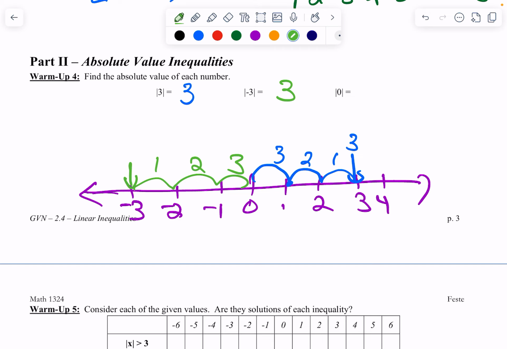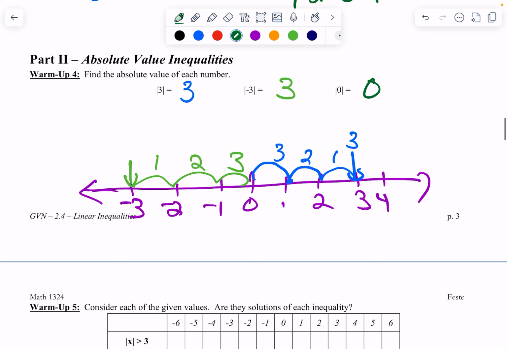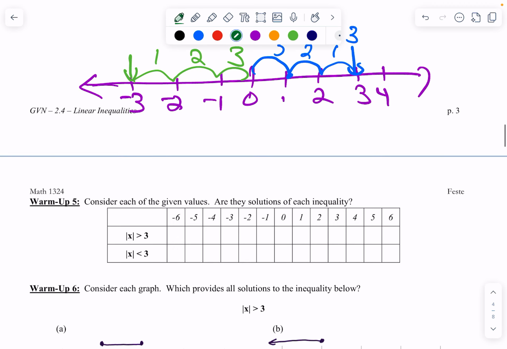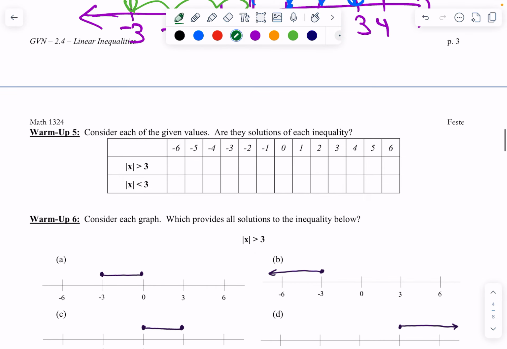Okay, absolute value of 0 is just going to be a 0. 0 doesn't have a sign, so it's always a 0. Okay, now we're going to look at a little bit more complicated case, when the x is inside the absolute value.